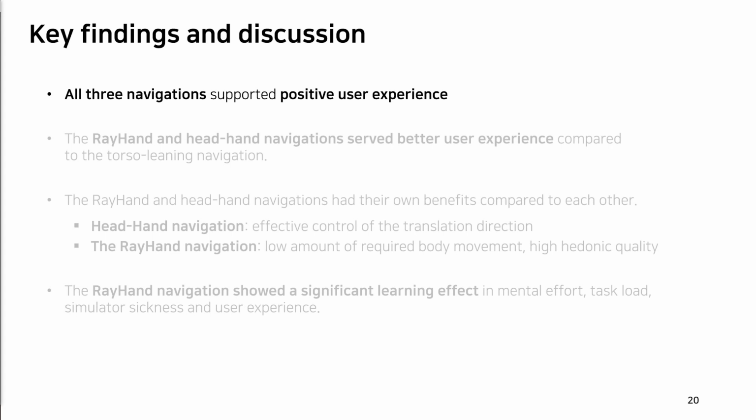We attribute this result to the user having full control of the speed and direction while decoupling the looking around and navigation activities. Second, the RayHand and HeadHand navigation served better user experience compared to the torso-leaning navigation. In torso-leaning navigation, the physical demands associated with the leaning pose significantly detracted from overall user experience.